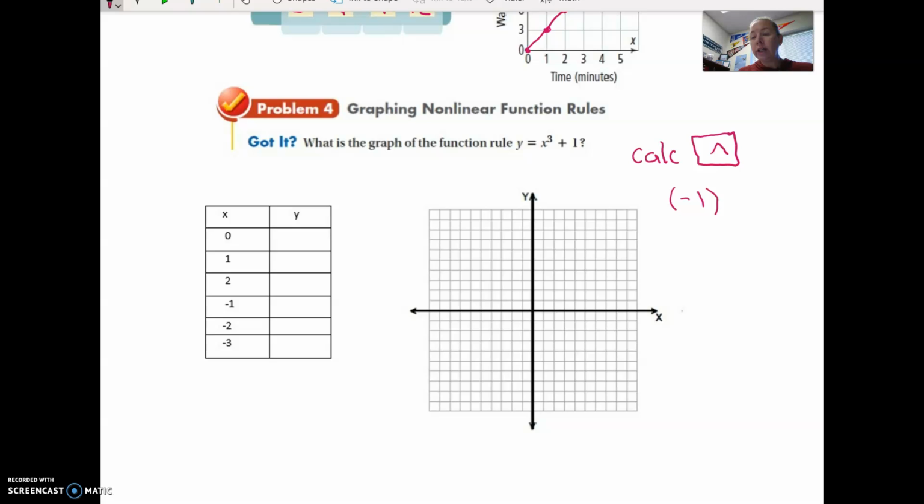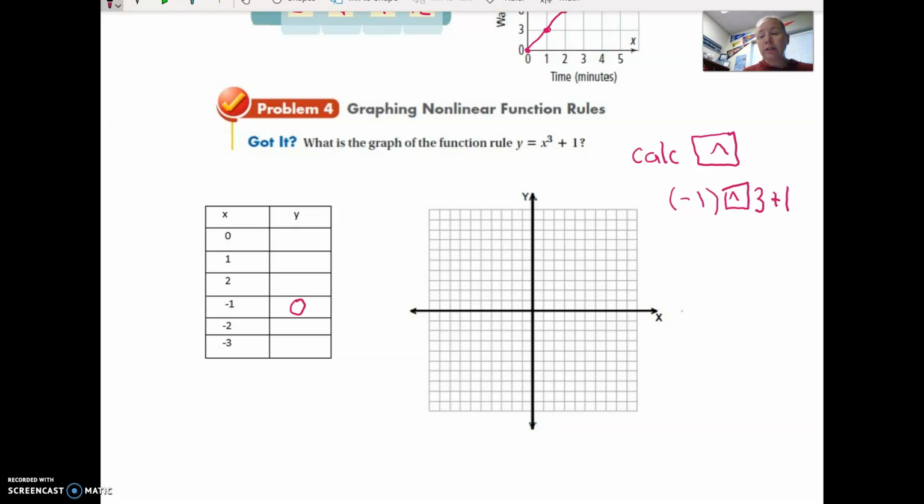And then I would press my little caret button here on the calculator, and then I would press 3. And then I'd go ahead and say +1 also. If you do it that way, in that order on your calculator, you should get the correct answer, which is 0.